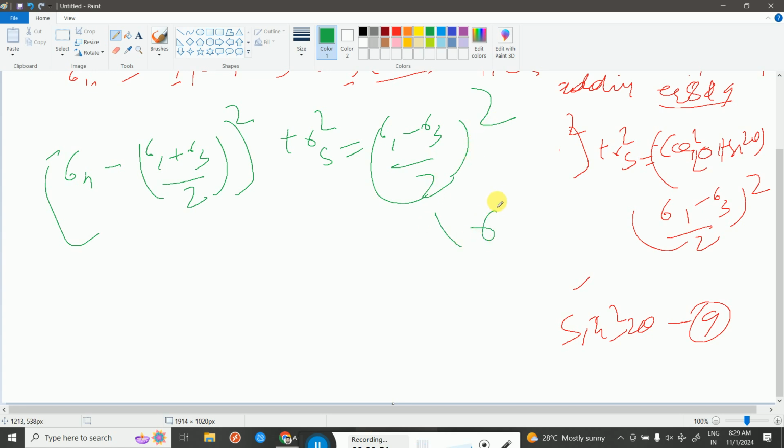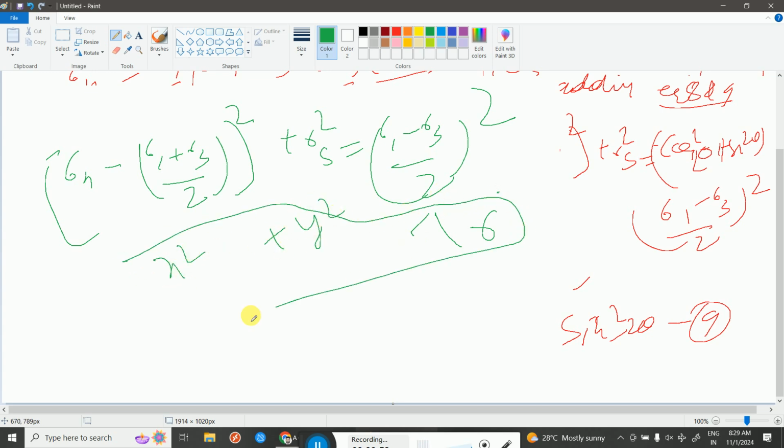This is your r, and this is your x square plus y square. So this is the equation of the circle. That's why this is called a Mohr circle diagram. Now we will see some numericals on this. Okay.